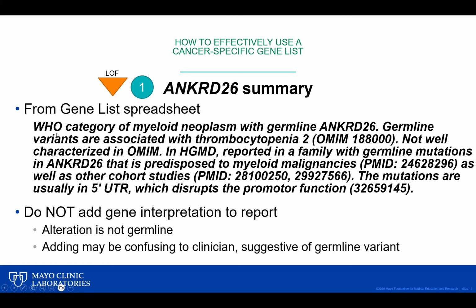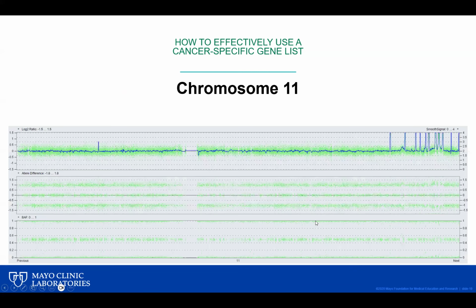So based on this, we decided not to add this gene to the report as an interpretation. However, if this patient did have sequencing performed and did find a mutation in here, then the overlapping deletion could explain an added loss of function. But we can't call it a germline variant here.